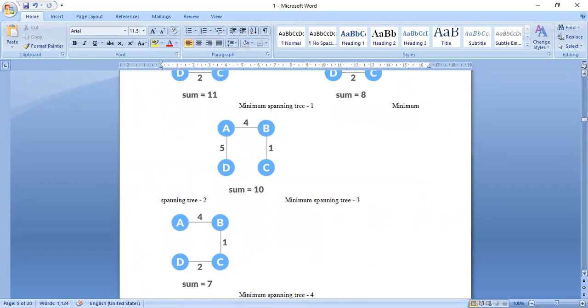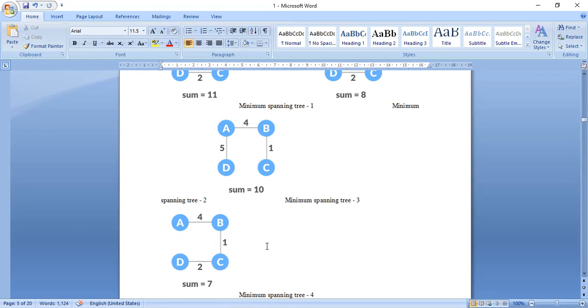So 7 is the minimum spanning tree. Because the weight, the cost of visiting all the nodes in a graph is minimum in this 4th type of spanning tree. That is, from A I will start, next I will visit B, from B to C, C to D. So in this way I will be visiting the nodes. So that is known as minimum spanning tree.